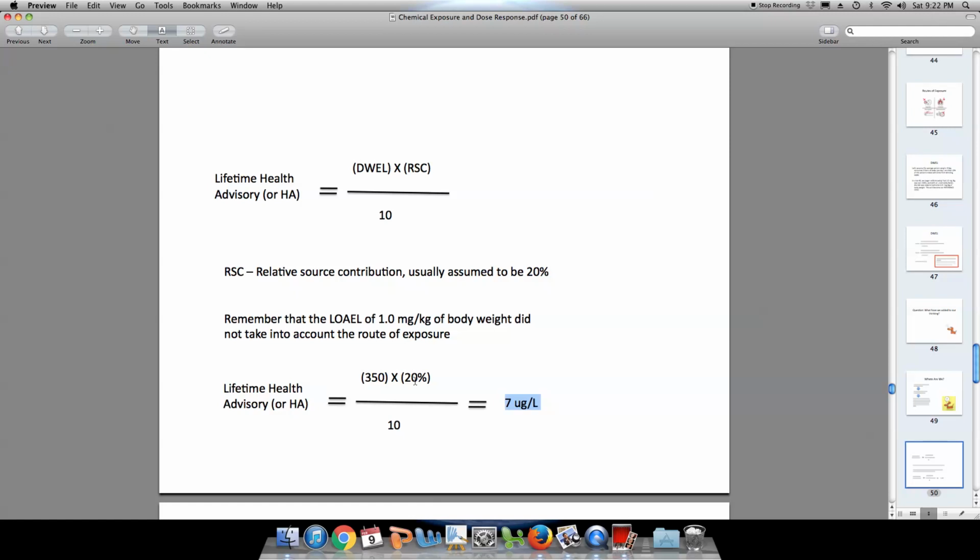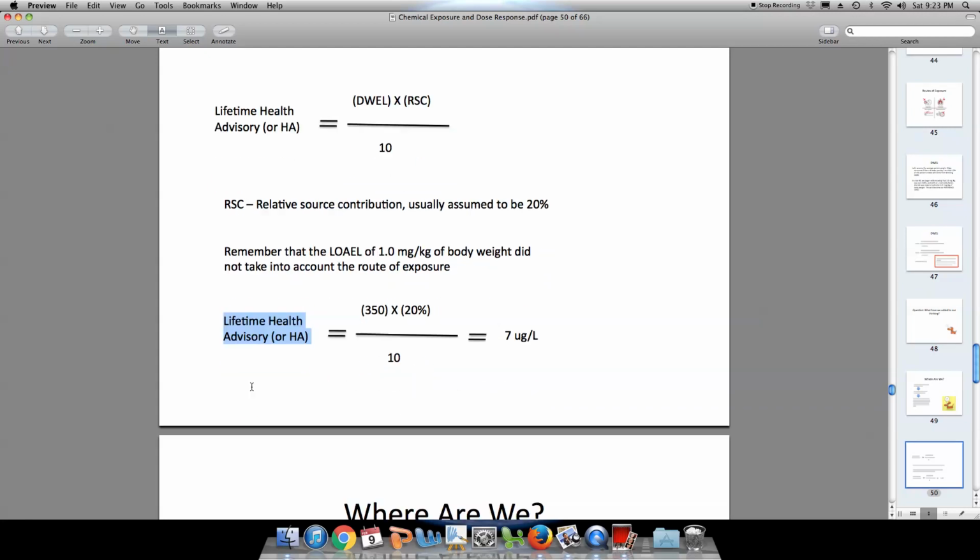But the point is that we are accounting for only the amount of this material that comes from drinking water that will set a lifetime health advisory for exposure through drinking water.